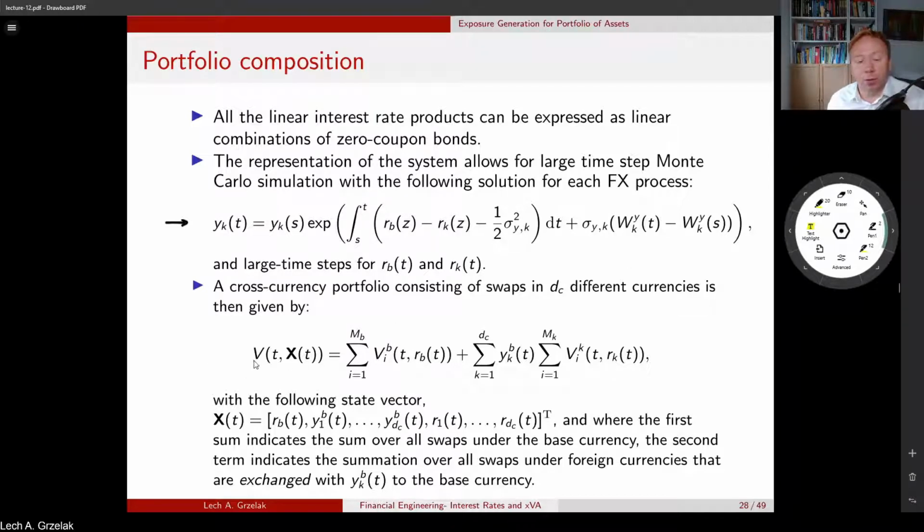And then if you have a portfolio consisting of multiple assets in different markets, so for example, here we have a swap portfolio, swaps in currency k, then we have to multiply with an FX rate that will bring us from k to the base. And of course, we have to go over all the currencies we have.